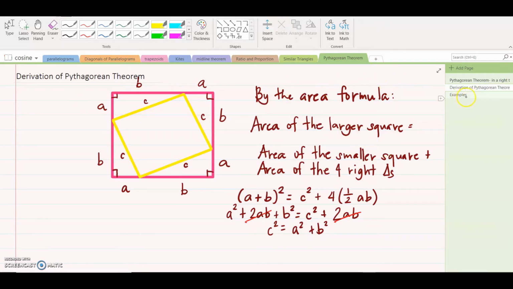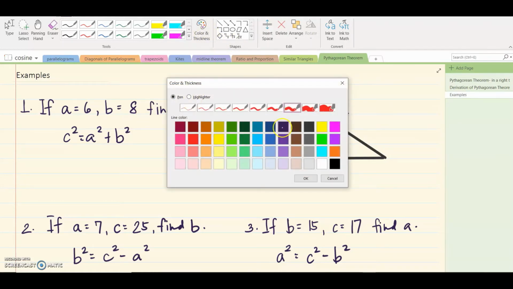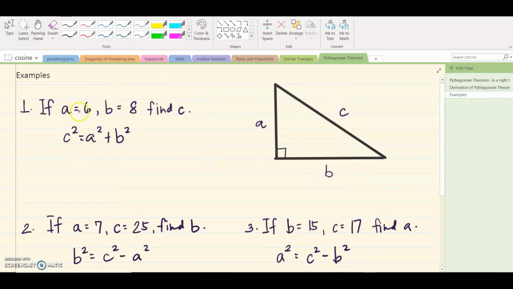Okay, now let's have the examples on how to solve using the Pythagorean theorem. So let's say for number 1, you have a equals 6, b equals 8, then find c, or the hypotenuse. We're going to use c squared equals a squared plus b squared.